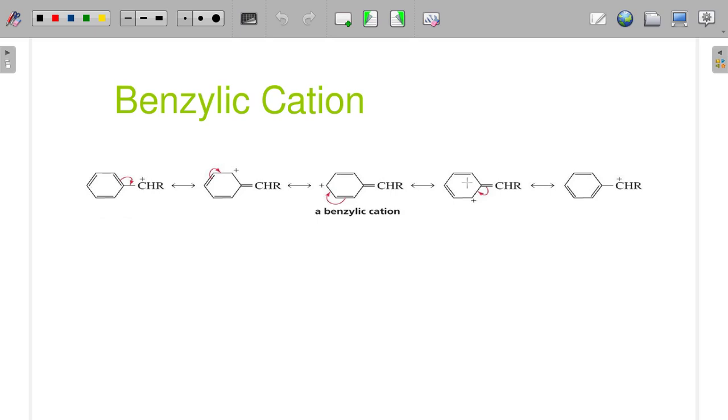What is kind of odd is that the benzylic cation isn't necessarily aromatic in these three resonance contributors, because in each one I have two pairs of electrons, but it's not necessarily aromatic. That's okay, because it's not staying that way. We're just moving that charge all the way around.